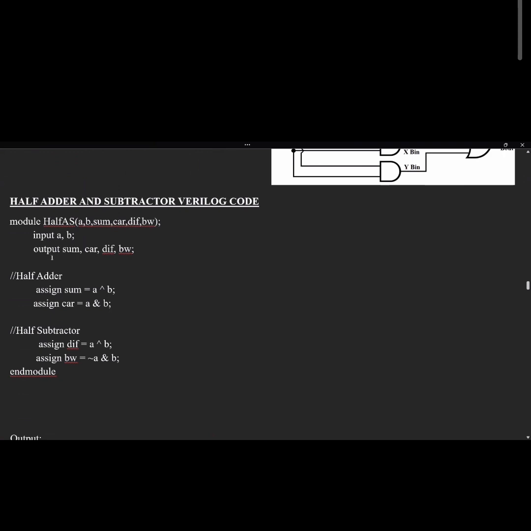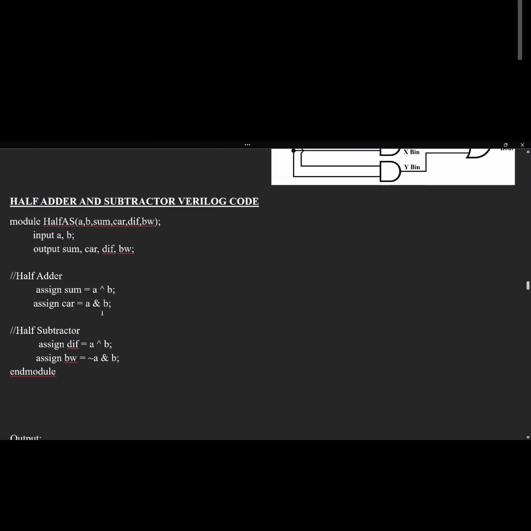We write them separately using the input and output keywords. Next we write the data flow level program. First is assign sum. Here we use the XOR gate symbol: A XOR B, where A, B are the inputs.